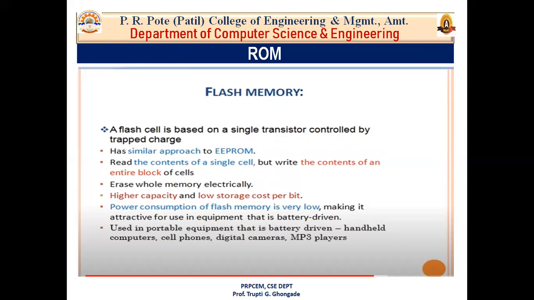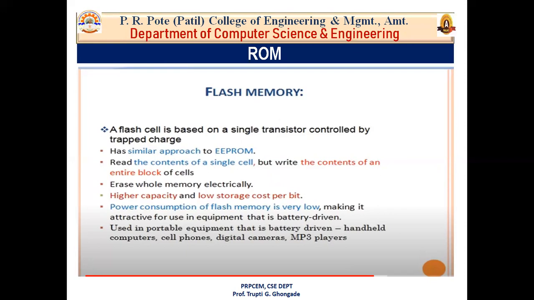If you need to erase something, then you have to erase the whole block of cells, and then rewrite it. But in E2PROM, you can read from a single cell and write to a single cell. Flash memory has higher capacity as compared to E2PROM, and it has low storage cost per bit. That means flash memories are cheaper than other ROM memories.